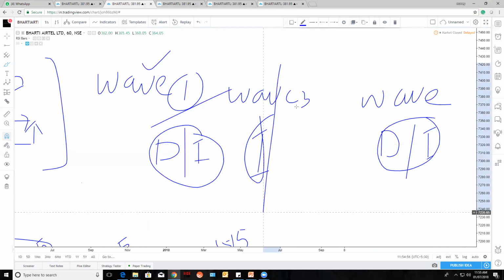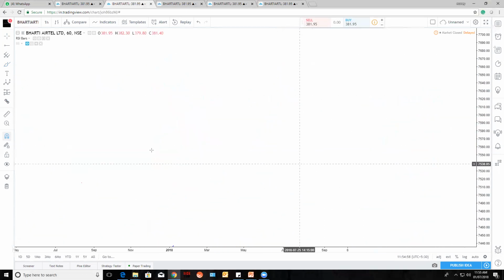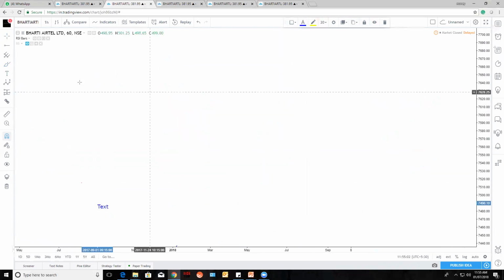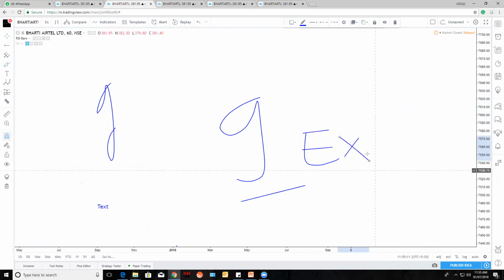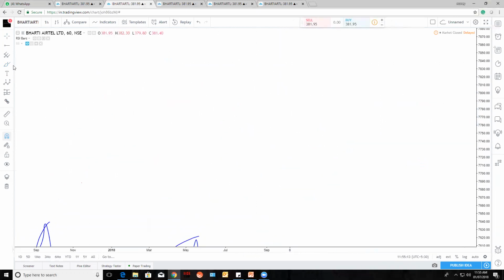Like how the structure of wave 1, wave 3, wave 4, and wave 5 will look. After that, you came to know about extension. Internally, there is an extension. You need to count 1, 2, 3, 4, 5, 6, 7, 8, 9. Whenever you are able to see 9 waves, that is an extension. And leading diagonal and ending diagonal, you know. And after that, you came to know about truncation.